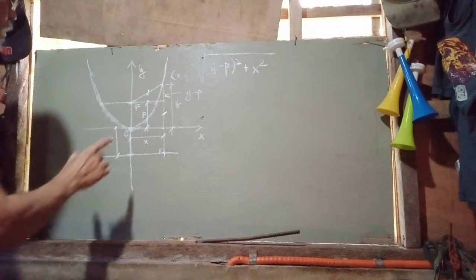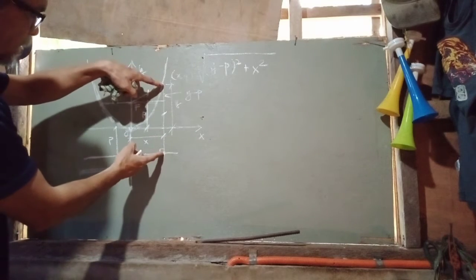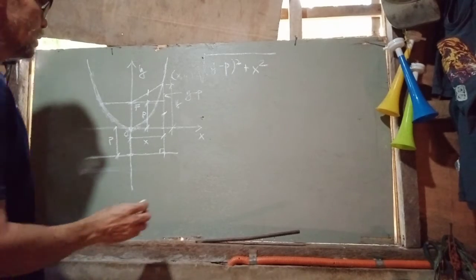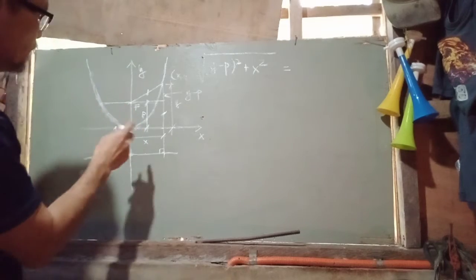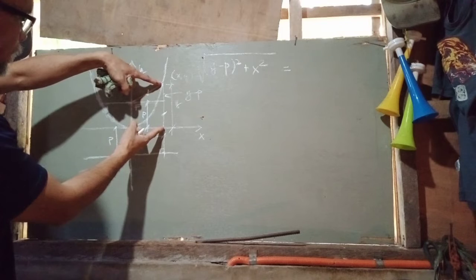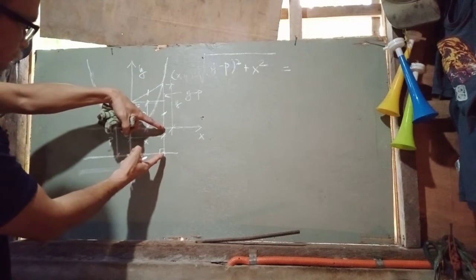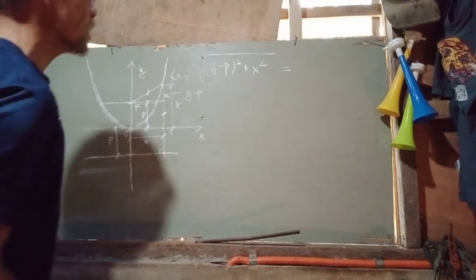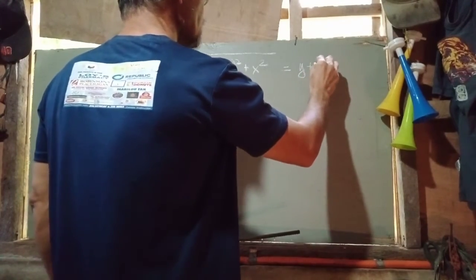Now if this distance here and this distance here are equal, we know that this distance here is y, right? So if this is y, and this is p, this distance is y plus p.